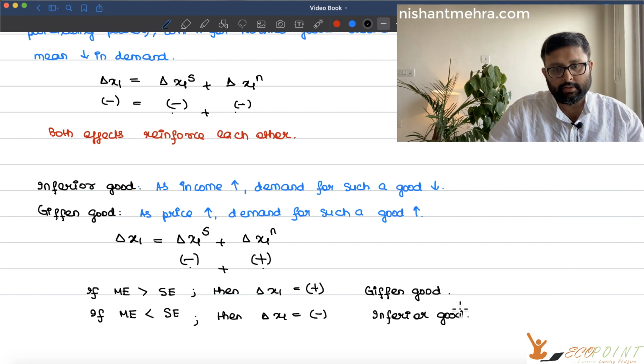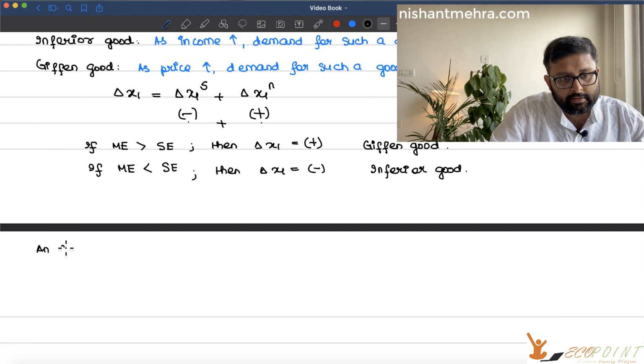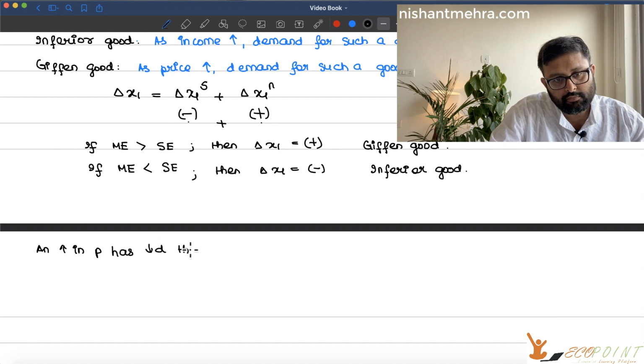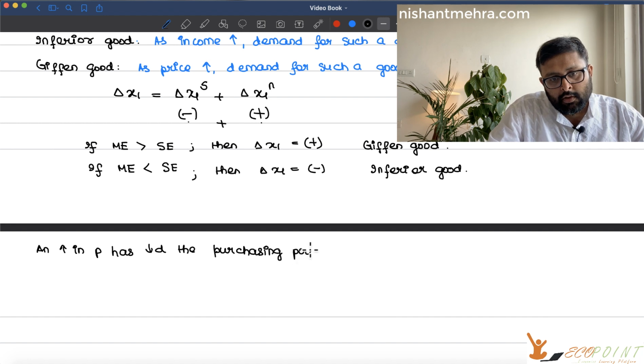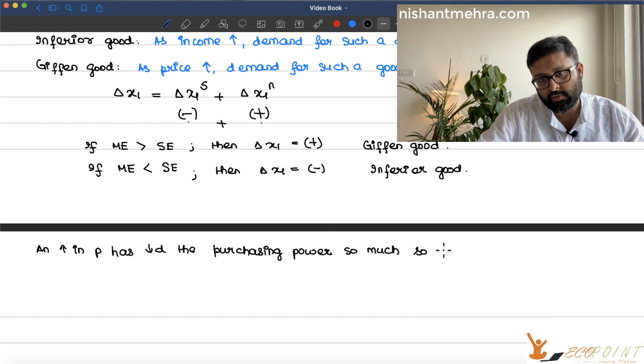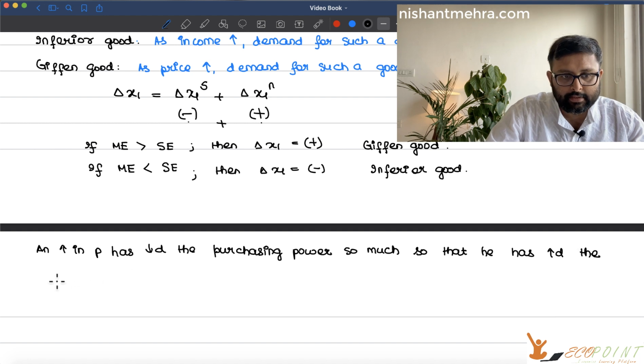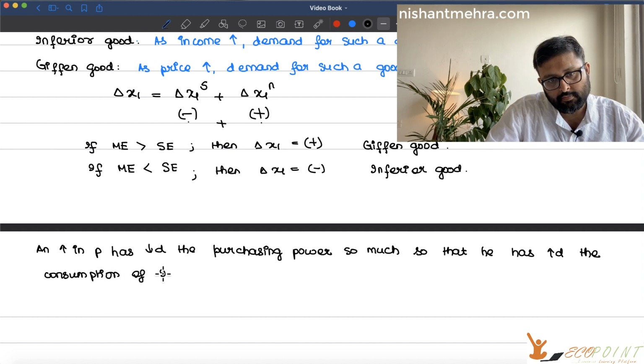So what has happened is this: an increase in price has decreased the purchasing power so much that he has increased the consumption of inferior good.